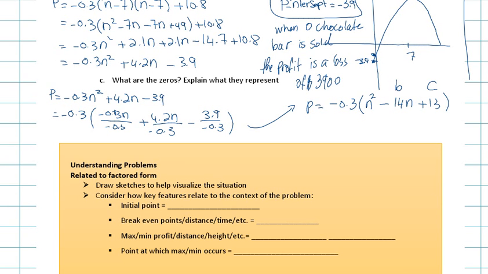So it's negative 13 and negative 1. Are we okay with this?